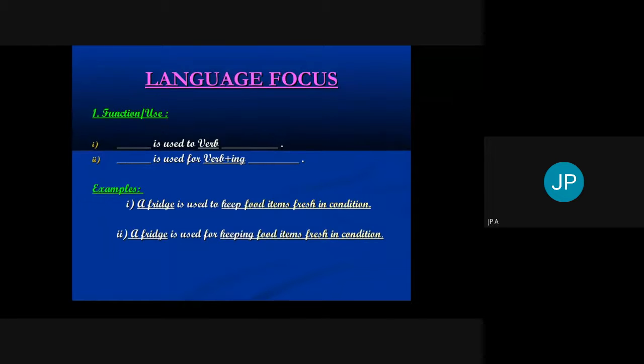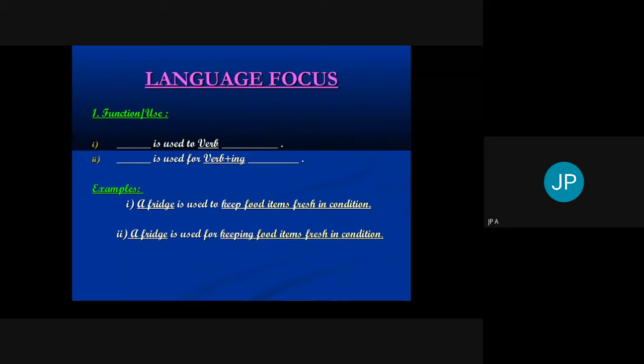For example, a fridge is used to preserve food. So it can be said in two ways. You can use the ing form: a fridge is used to keep food items fresh, or a fridge is used for keeping.